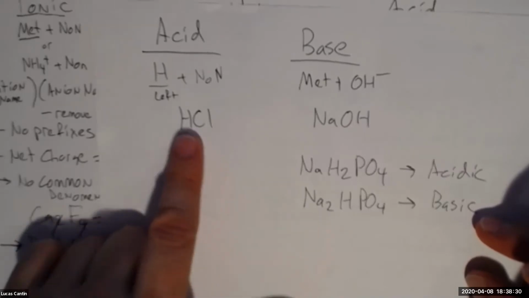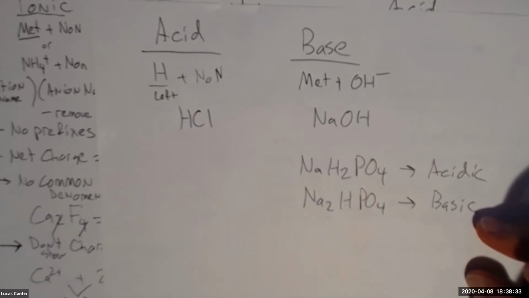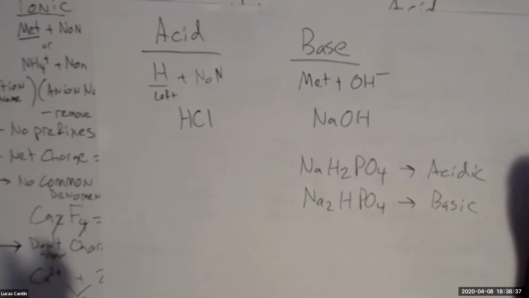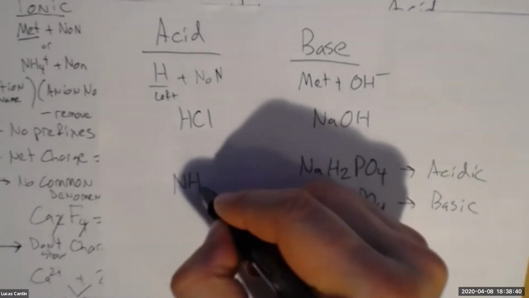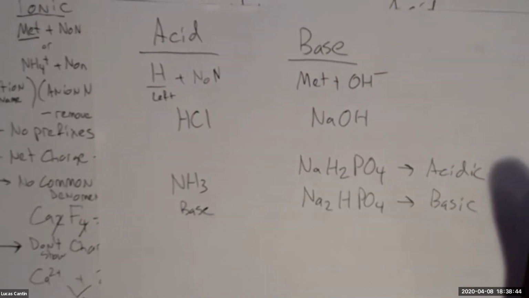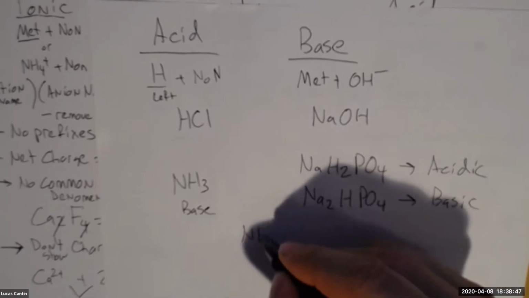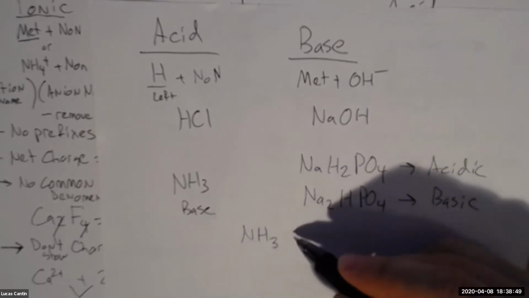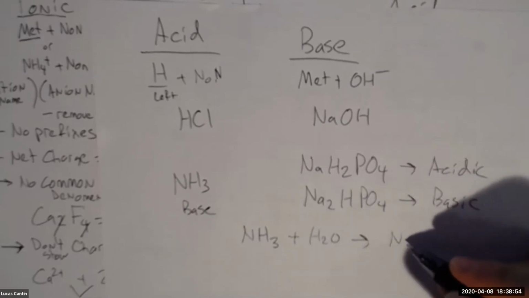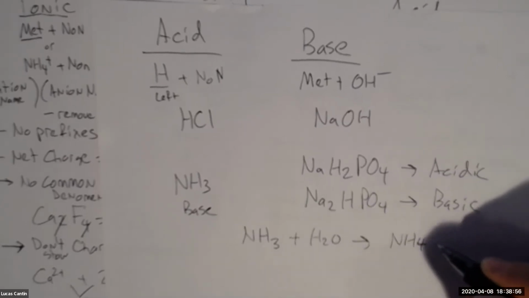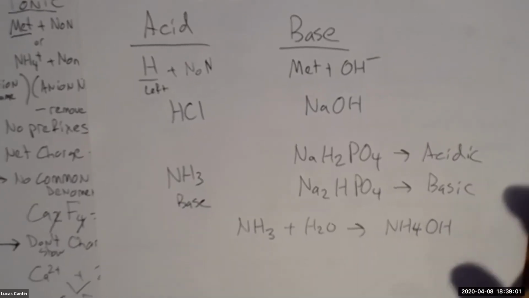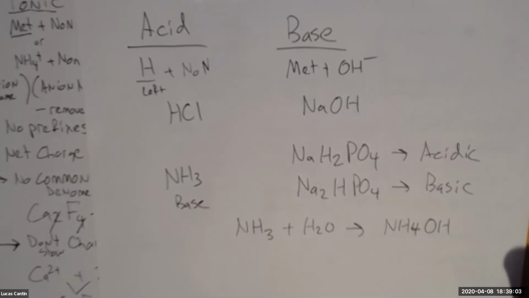So just having hydrogen on the left or hydroxide on the right is not the end of the story. Ammonia, NH3, technically is a base. What it will do is react with water and then make NH4OH, which is technically a metal and hydroxide, right?